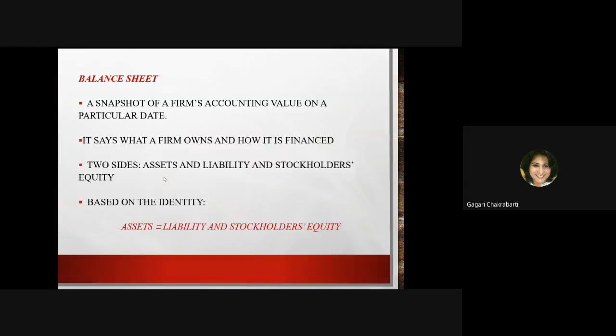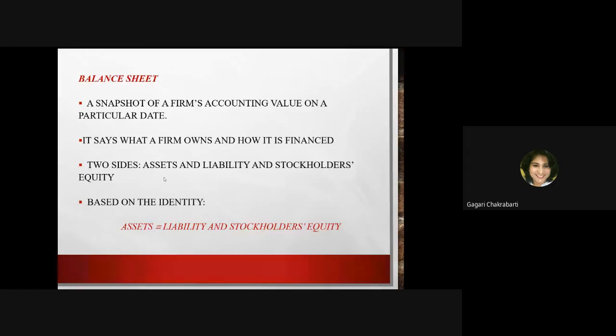Whenever we talk about the balance sheet, we are talking about the assets of the firm. The assets of a firm will be financed by two main financing instruments. The balance sheet shows you, in a nutshell, the different assets of a company at a particular point in time and the ways the assets are financed.